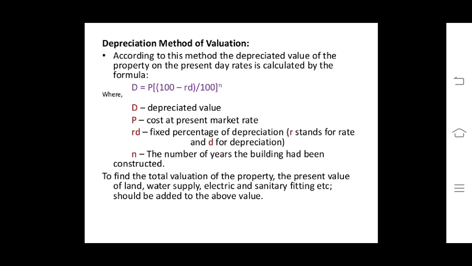The next method is depreciation method of valuation. According to this method, the depreciated value of the property on the present day rates is calculated by the formula D = P (100 - Rd / 100)^n, in which D is for depreciated value, P is cost at present market rate, Rd is fixed percentage of depreciation, R stands for rate and small d for depreciation, n is number of years the building had been constructed.